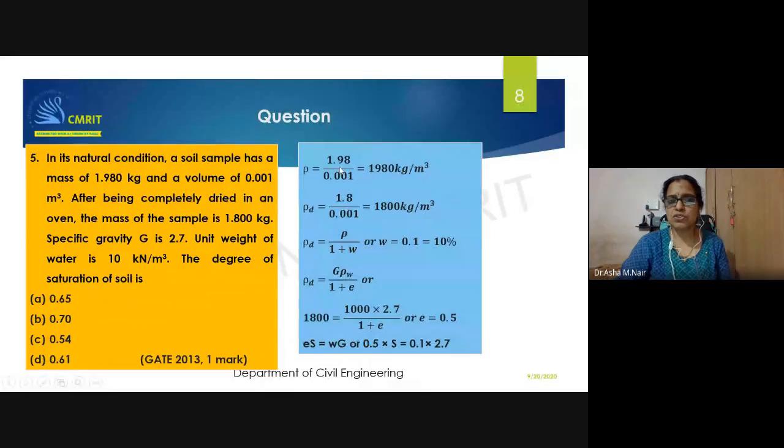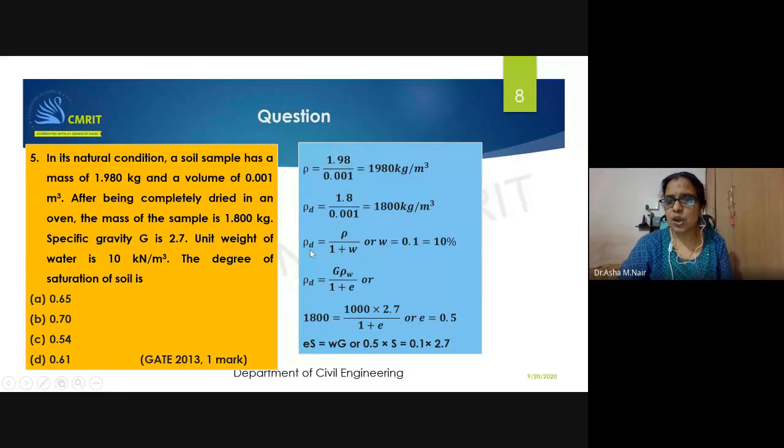So rho is equal to 1.98 divided by 0.001, which is 1980 kg per meter cube. Rho d also I got, which is nothing but 1800. Now I have rho d is equal to rho by 1 plus w.